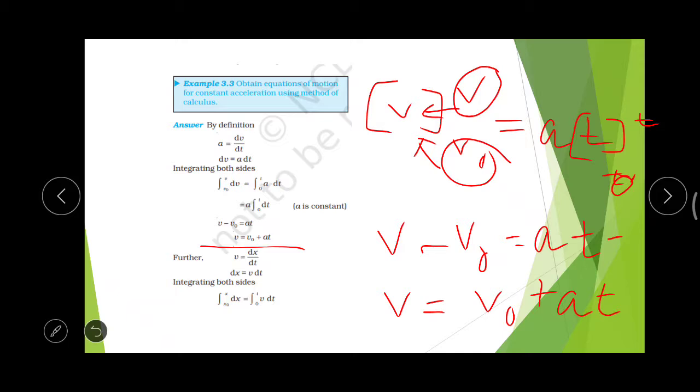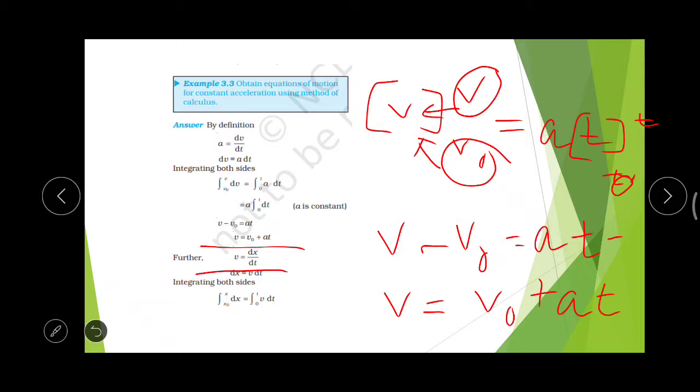Now we have to derive the second equation. For that you should consider, in the first one you have considered that a is equal to dv by dt, that is the instantaneous acceleration. Now for the second one you have to consider v is equal to dx by dt, that is the instantaneous velocity.